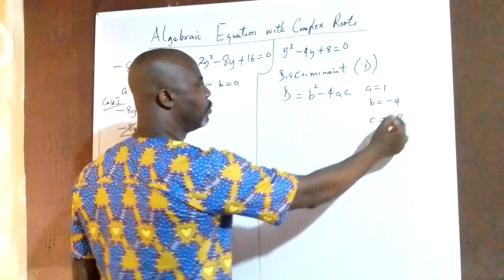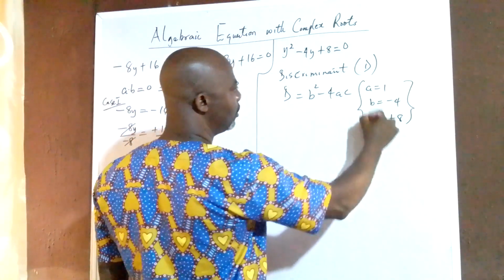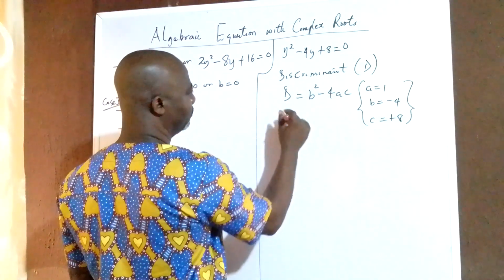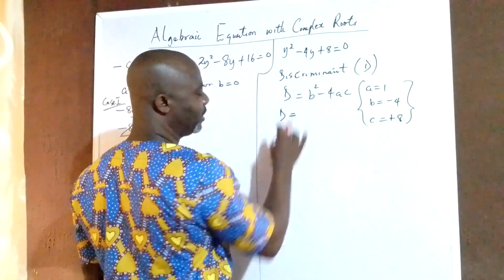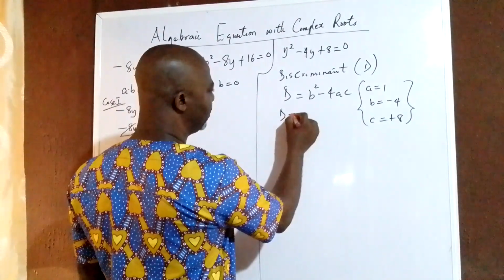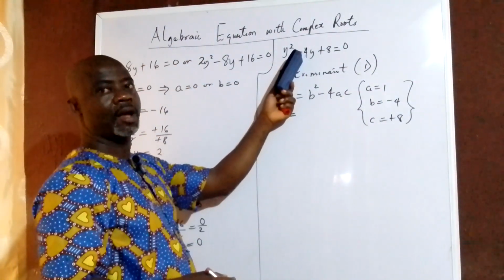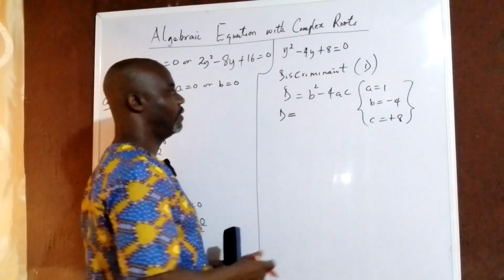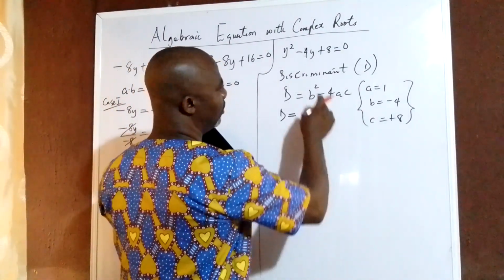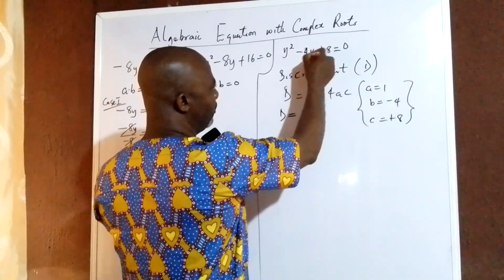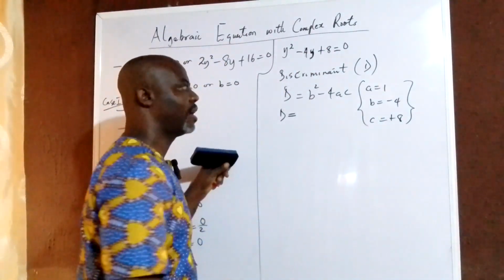Once you put these values into this formula, we get the value of D. And the value of D will tell us whether this equation can be factorized.